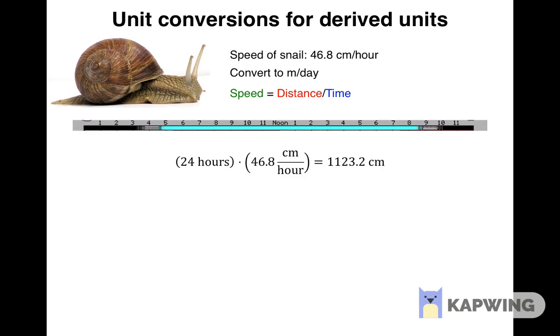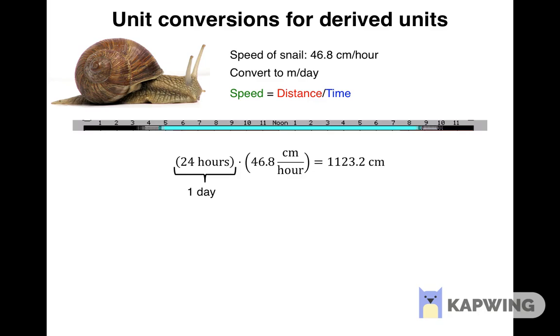24 hours times 46.8 centimeters per hour comes to 1123.2 centimeters. Now, because 24 hours is the same as 1 day, we can rewrite this expression as 1 day times 46.8 centimeters per hour is 1123.2 centimeters.